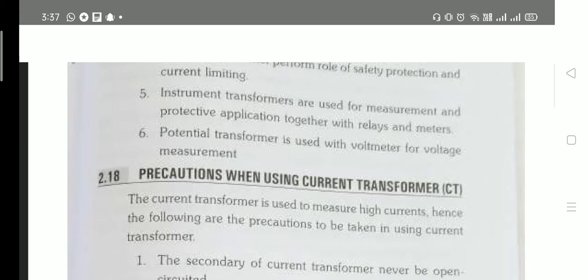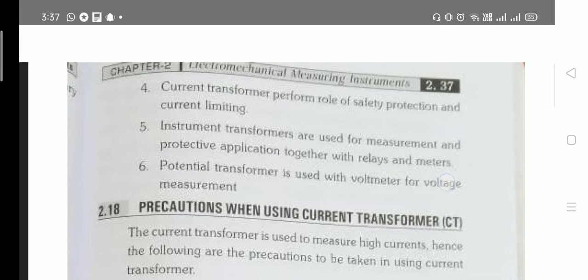And sixth one is the potential transformer, which is used with a voltmeter for voltage measurement. Here the current transformer is for measurement of current; in the same way, the potential transformer is for measurement of voltage.